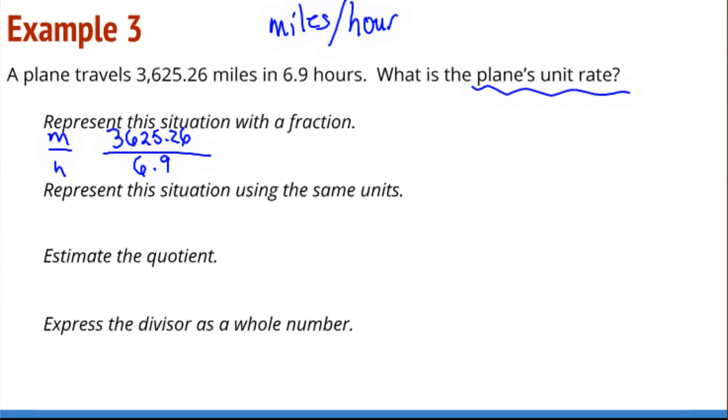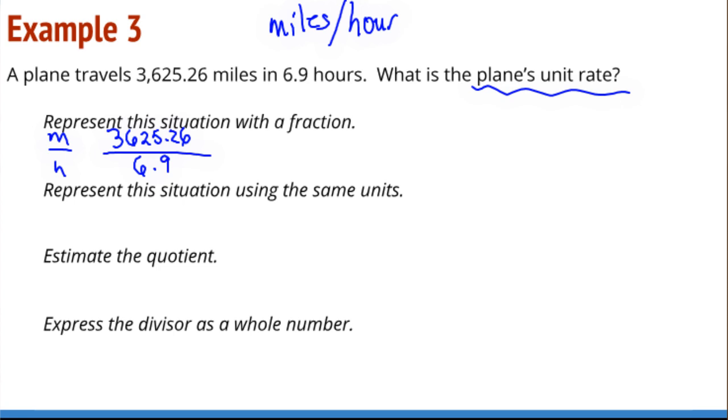Now it would be helpful if I could get both of these to be tenths. Kind of set it up as my fraction division using unit form here.